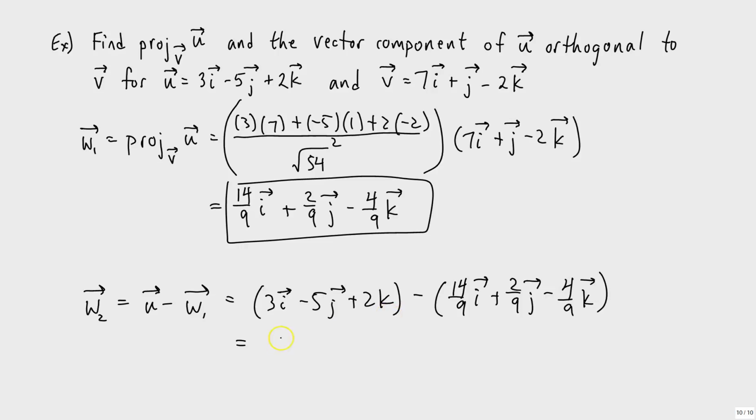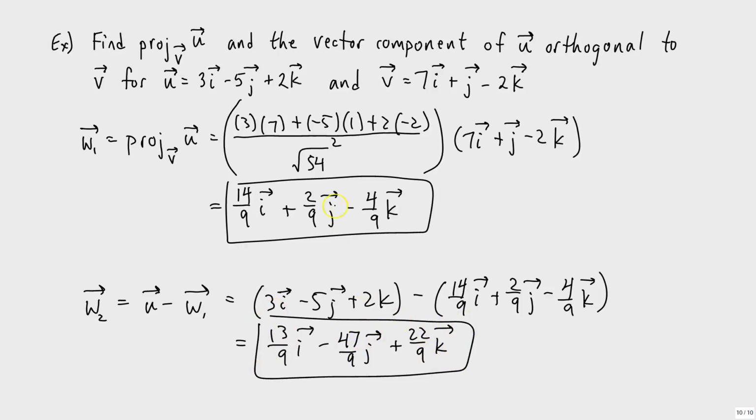If we do that subtraction, we get 13/9 i minus 47/9 j plus 22/9 k. So basically this one plus this one should equal u. So it's kind of like taking a vector and decomposing it into vectors which add up to it.